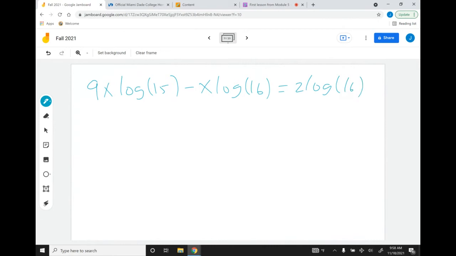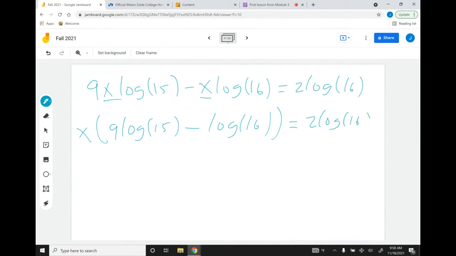Same thing as we did on the previous one. All the terms with x in them have been placed on the same side. So I'm going to factor out the x. Here it is. X. What do I have inside the parentheses? 9 log of 15 minus log of 16 equals 2 log of 16.